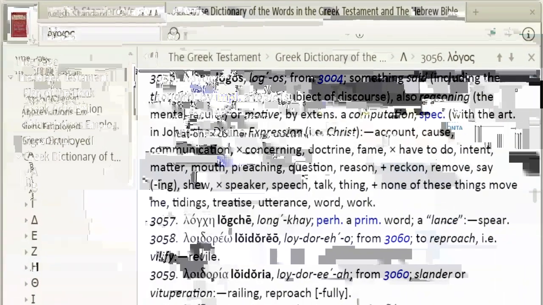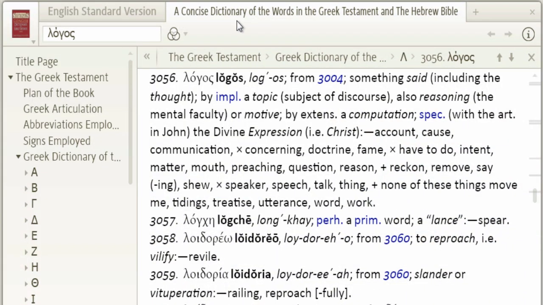And this opens up a concise dictionary of the words in the Greek Testament and the Hebrew Bible, which is a concise version of the very popular James Strong's Greek and Hebrew dictionary. And I just want to walk you through how this dictionary is organized and the contents of the article.